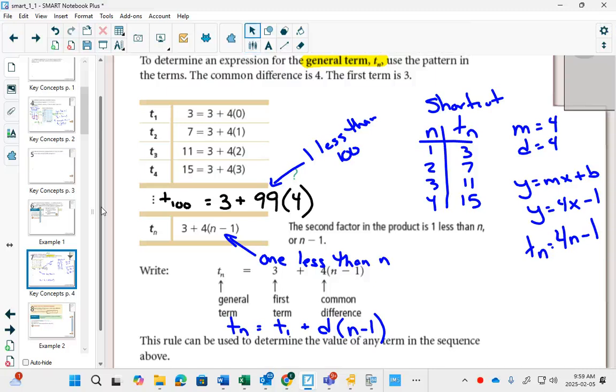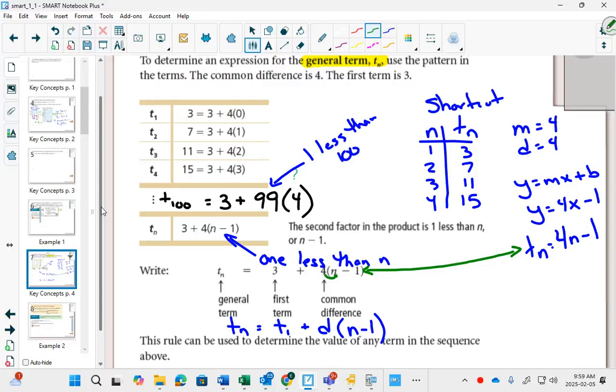Can you see that this one and this one, are they the same? They're written differently, so they don't look identical right now. But are they the same? What would I have to do to the formula here with the common difference? I'd have to distribute my 4, right? 4 times n would give me 4n.